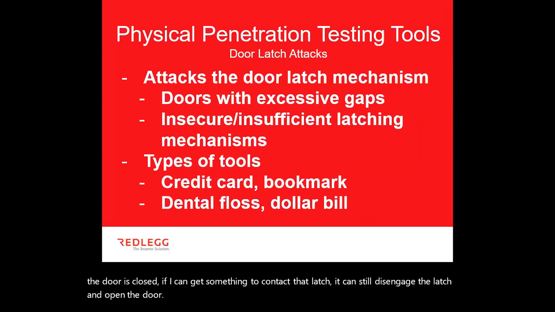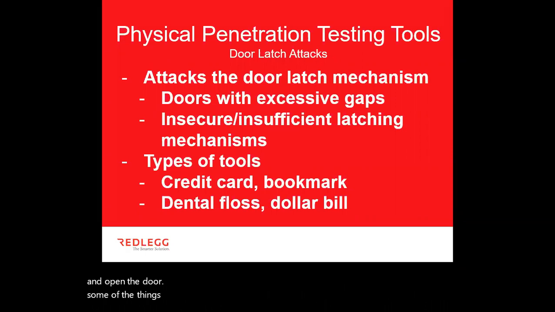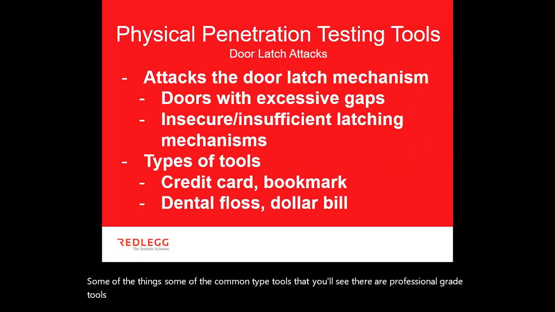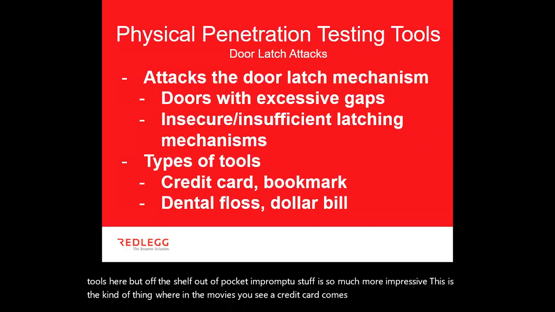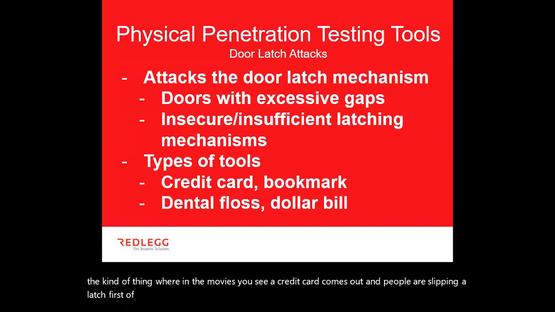Some of the common tools that you'll see, there are professional grade tools here, but off the shelf, out of pocket, impromptu stuff is so much more impressive. This is the kind of thing where in the movies you see a credit card come out and people are slipping a latch. First of all, friends, you cannot slip a deadbolt with a credit card. I'm sorry to say.